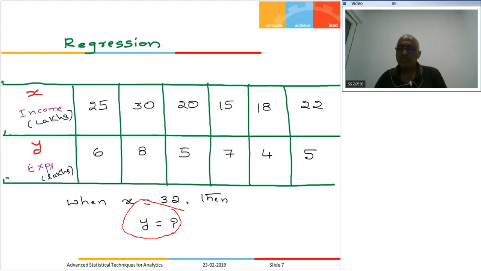We are going to deal with data which is of this kind. So in such cases, how to establish a relation? This is the major problem with respect to regression. Now, how to do this?